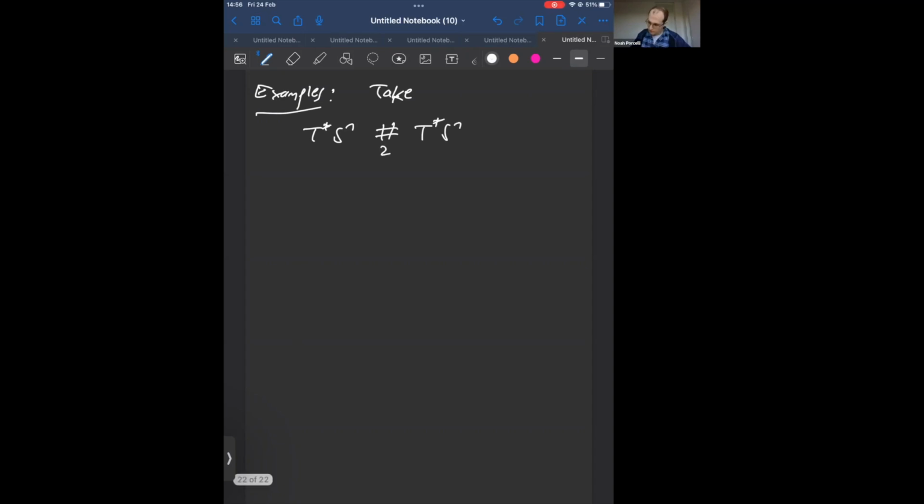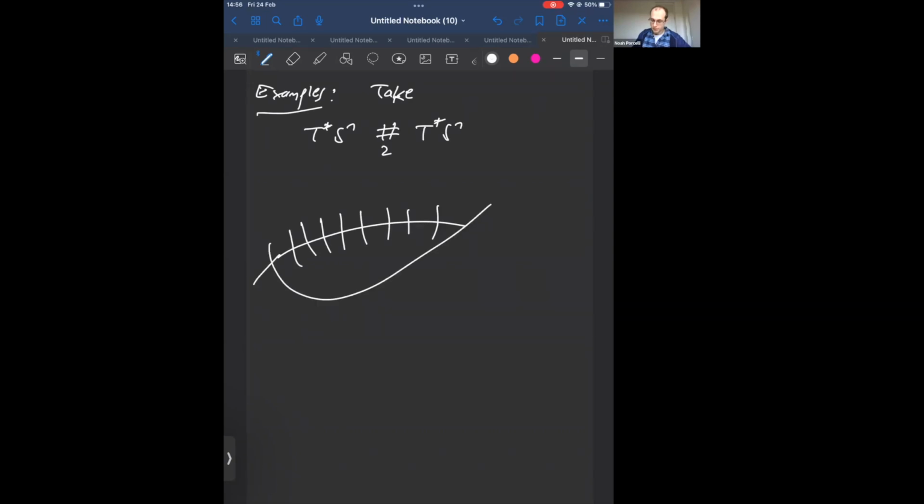So what do I mean by this? I take one T star Sn and another T star Sn, and I connect them at 2 points, kind of like this. And if I let L be this copy of Sn and K be this copy of Sn, then they intersect at exactly 2 points. Though I'm not 100% sure what the gradings of the intersection points are, so that might not help. But here, MXY is going to be empty.